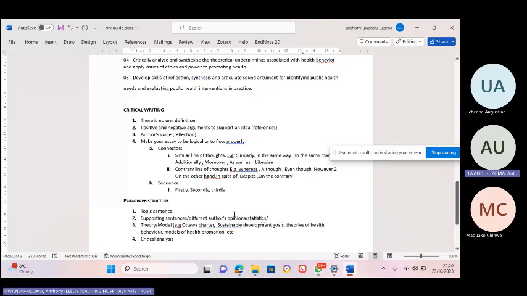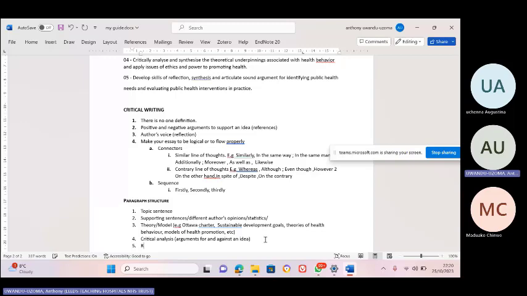It depends on how you want to do it. Critical analysis means arguments, arguments for and against. So anything you're writing, what are the arguments for it, and what are the contrary arguments?